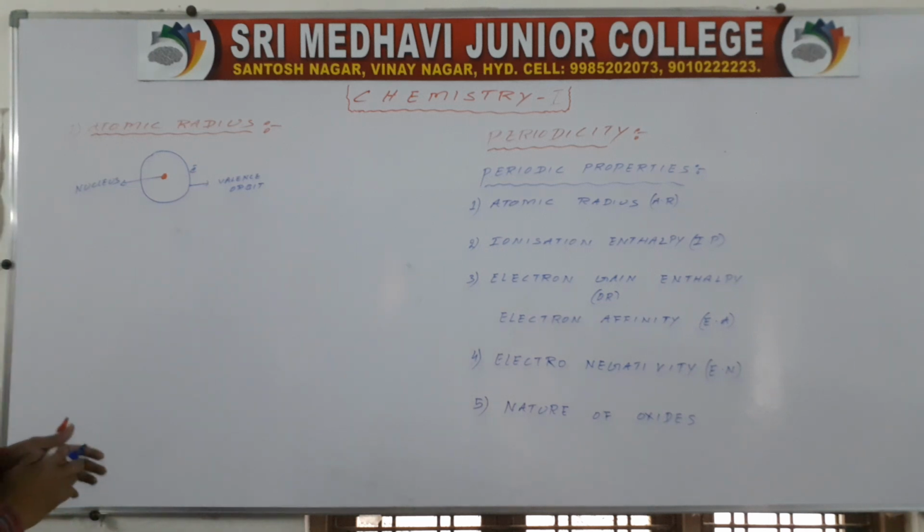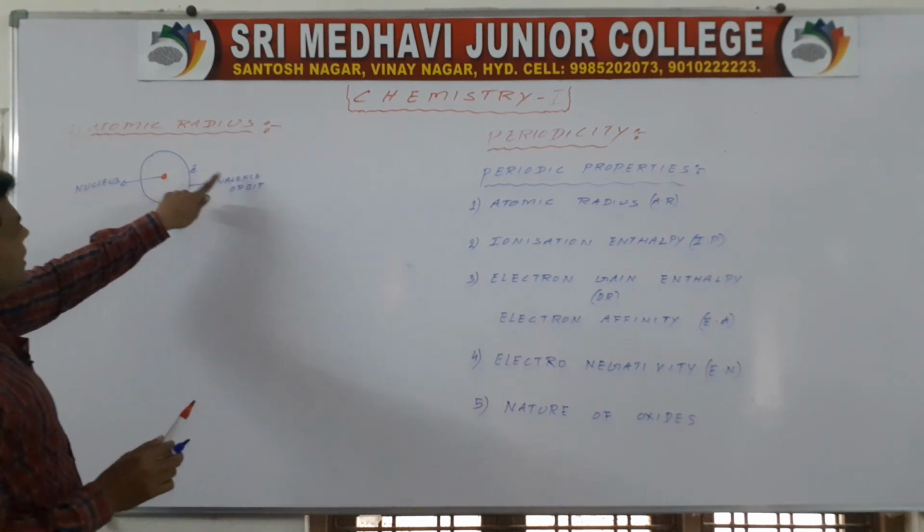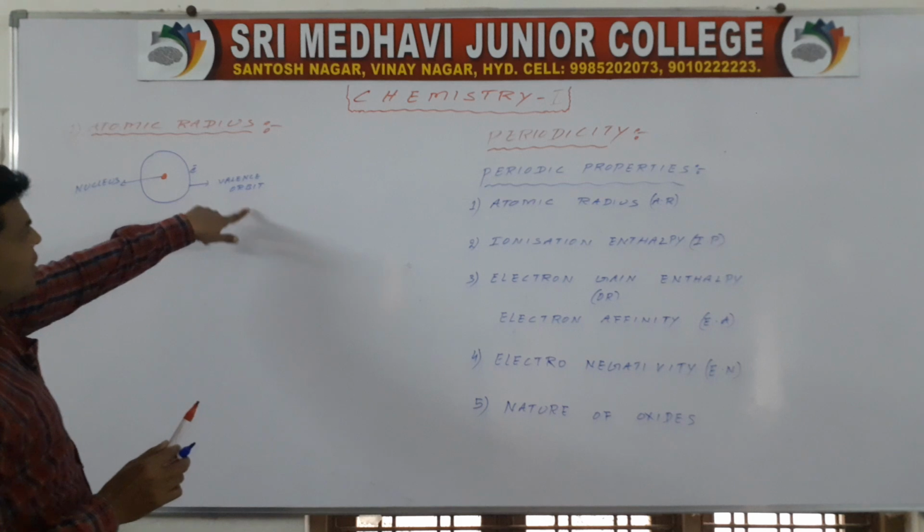This is the nucleus, and this is the electron present in the outermost or valency orbit.